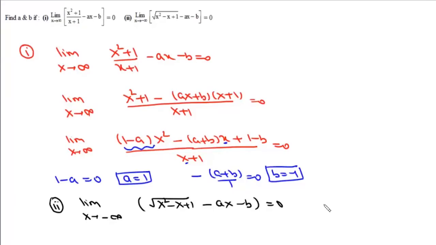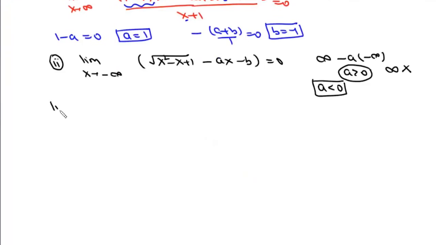Now this is infinity and then minus a into minus infinite. Now if a is greater than 0, in that case this limit will be infinite, which is non-indeterminate form. So for this limit to have an answer 0, clearly a must be less than 0. So we are looking for the value of a which is negative.